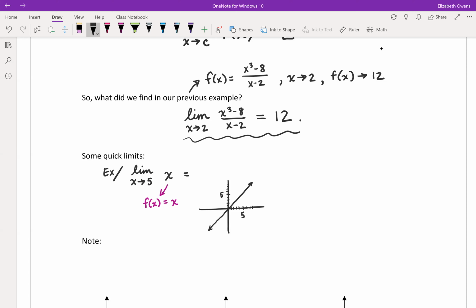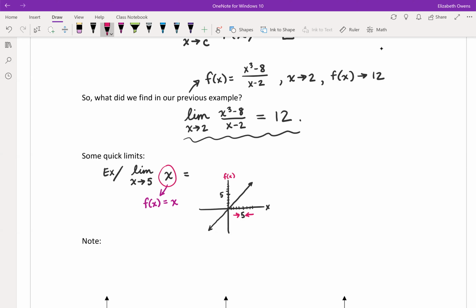So as the x values get closer and closer to 5, coming in towards 5 from both directions, we need to see what's happening with the function values themselves, the f of x values, these guys.